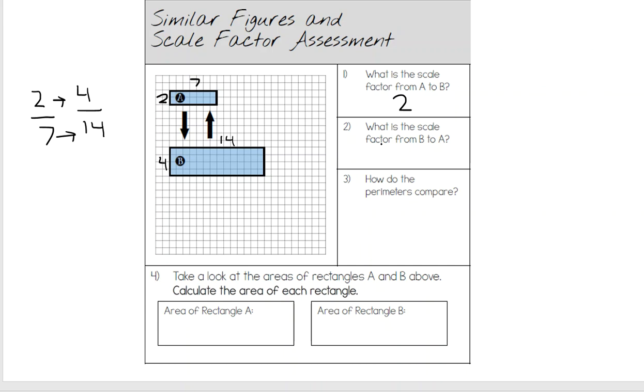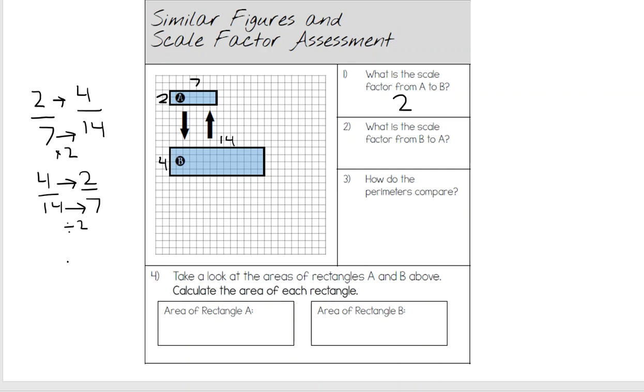Now the scale factor from B to A, okay? So if we are going from B to A, you can see that we had to divide by 2 on each of these. So this was timesing by 2. This one was dividing by 2.